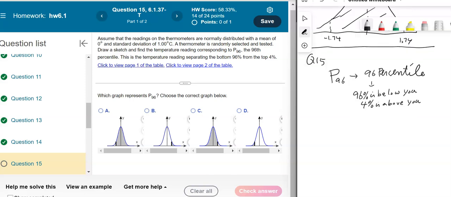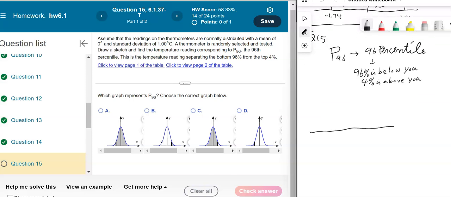So in other words, if I draw a picture, this point is P96 because this area is 96%, and then this area is 4%. Then this point is called 96th percentile.